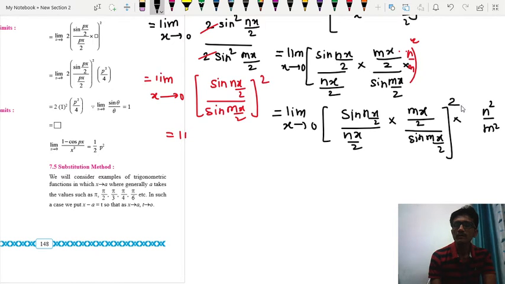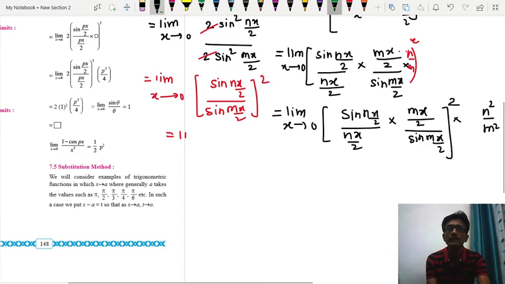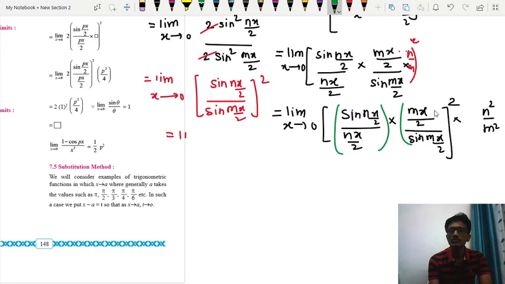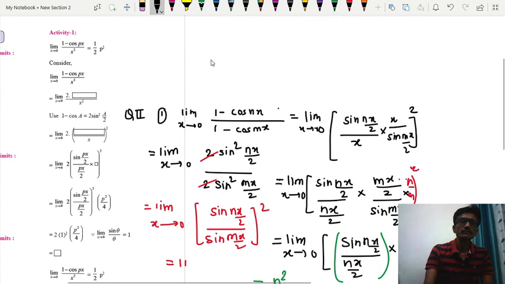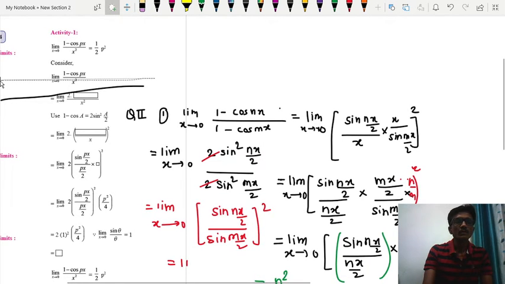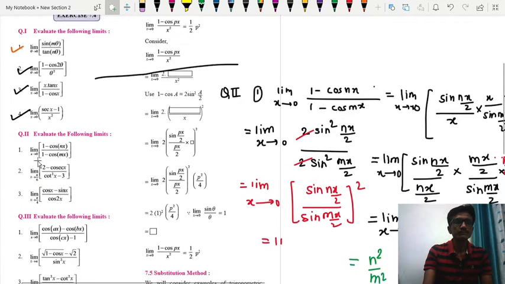So this limit is 1, and this limit is also 1, and what remains is n square upon m square. So you are getting the answer n square upon m square. So simple. Next question.